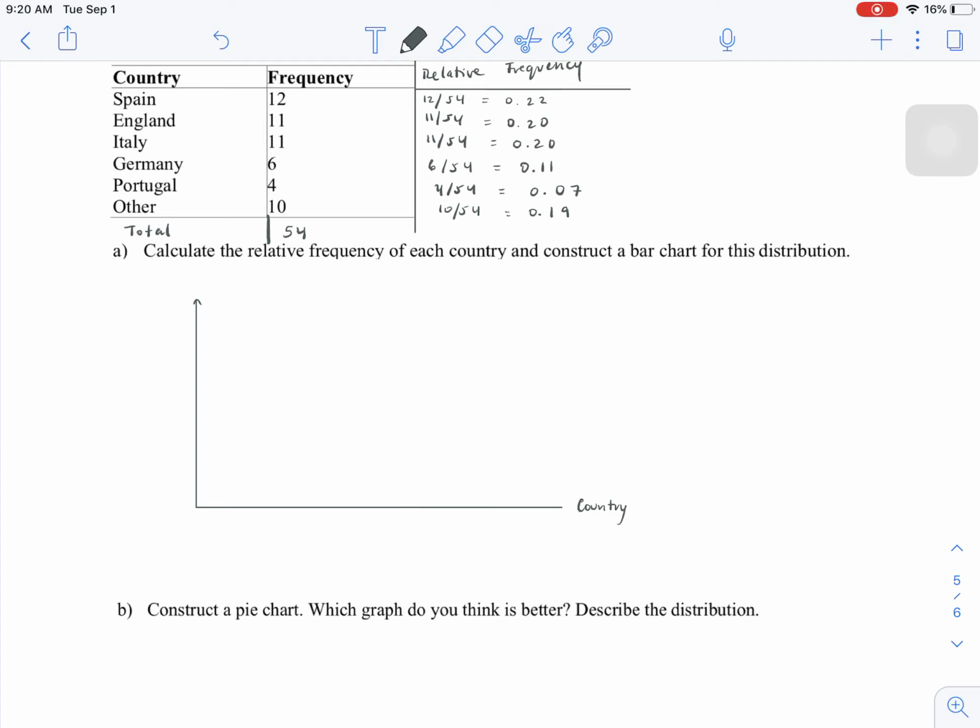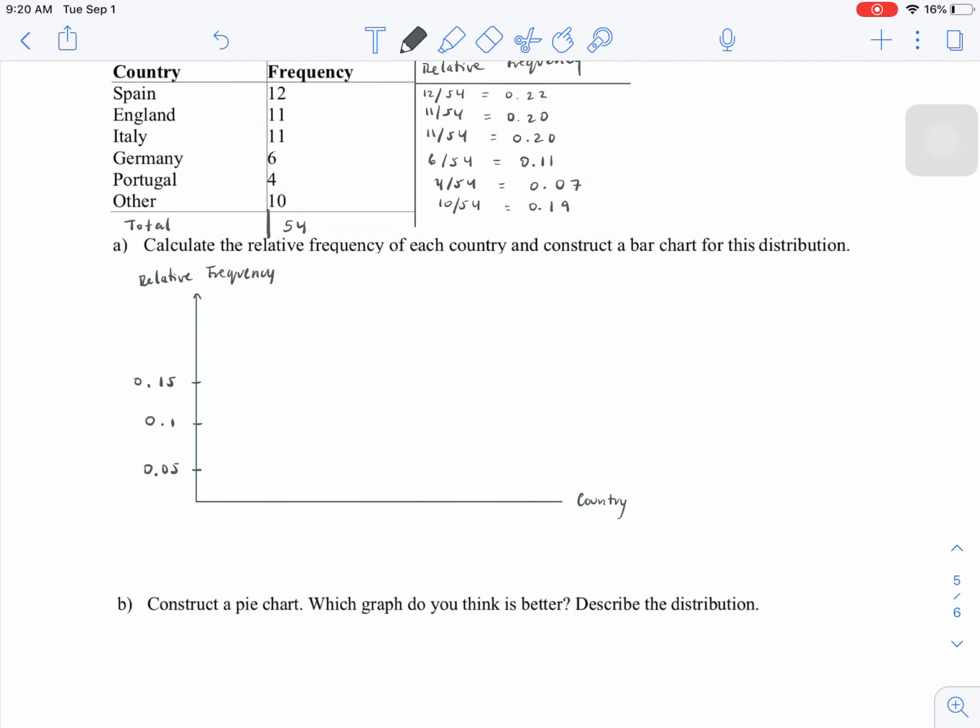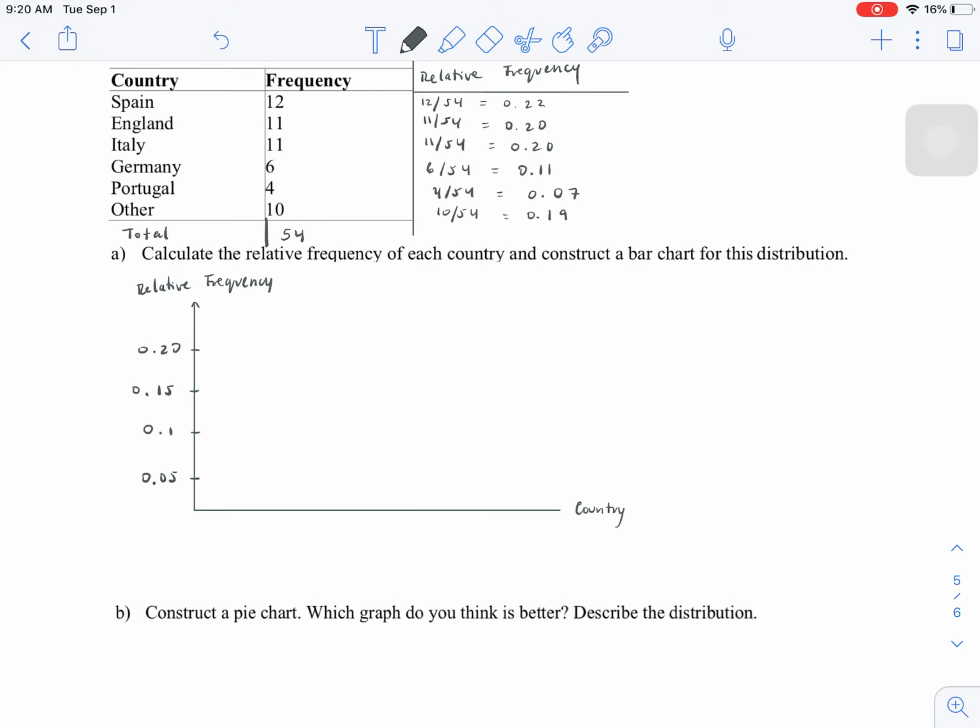And on my y-axis, I'll graph the relative frequencies. I'll make my axis marks every 0.05. And now I can start graphing.